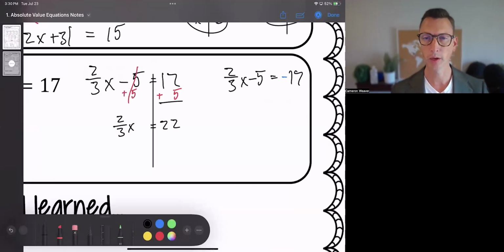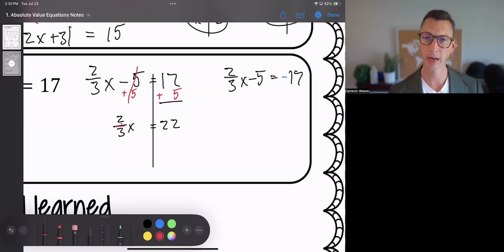Now, at this point, once again, remember what fractions are. Fractions are division problems. This literally reads 2 divided by 3, always. So all we have to do is the opposite of dividing by 3.